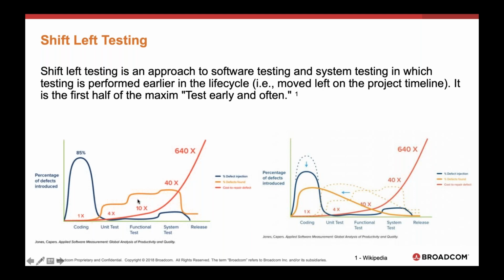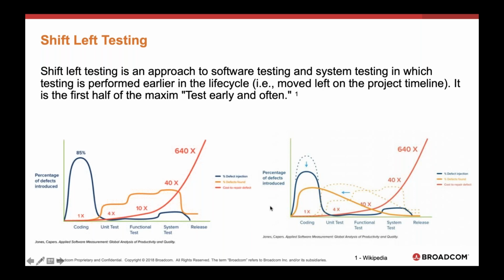You can see here, there's a lot of defects that are found through unit, functional and system testing, but there's plenty that's found after it's released, which is really unfortunate because the cost of fixing a defect that's in production is 640 times what it would have cost us to fix it during the development phase. So an enormously high cost when you have to fix a defect in production.